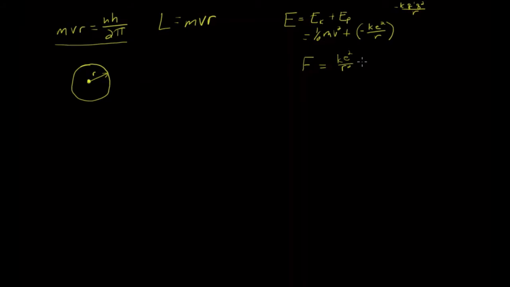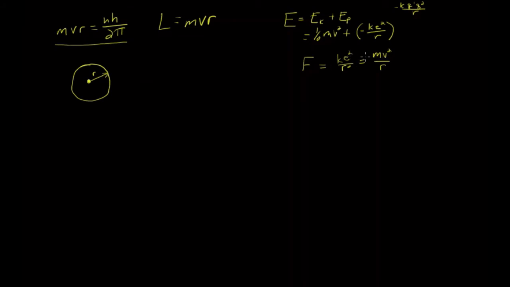And we can also list the force as mv squared over r. This is just a statement of the force due to momentum, I guess you could say, the movement that is being put on this electron as it goes around the nucleus.